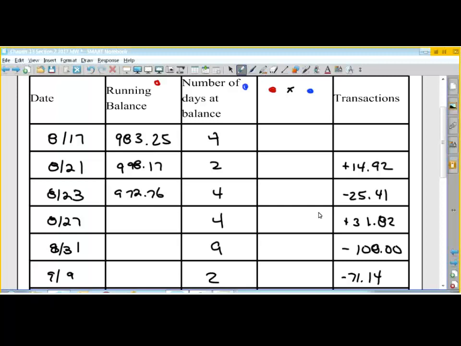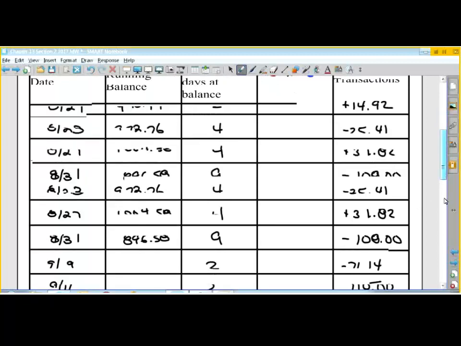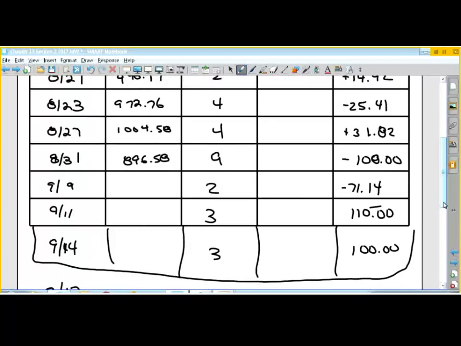I bought something that was $31.82. So that's add $31.82 to the. So now I owe $1,004.58, and then I make some kind of payment here, so I'm decreasing the balance, $896.58, and okay, I'm getting some credit again here for something, so I'm going to reduce the balance, $825.44.